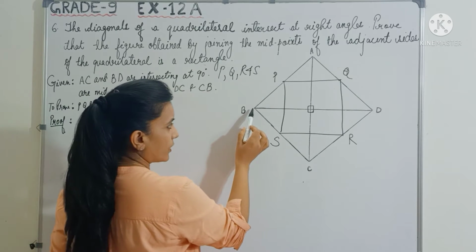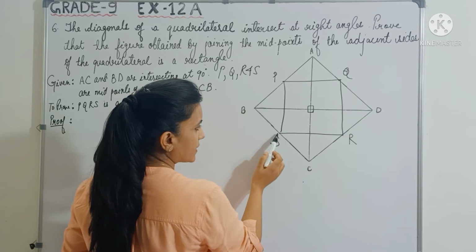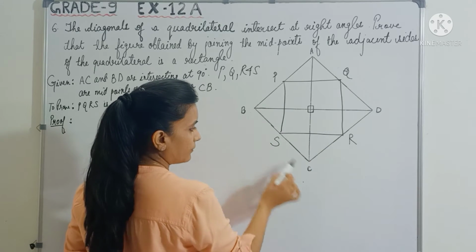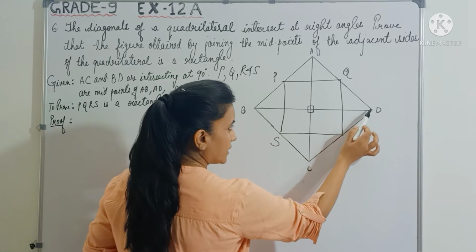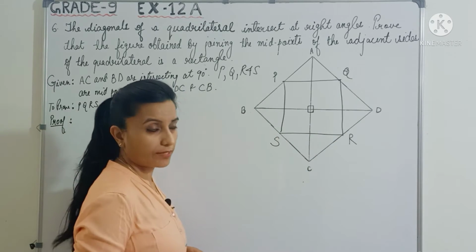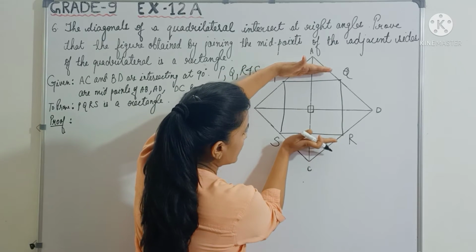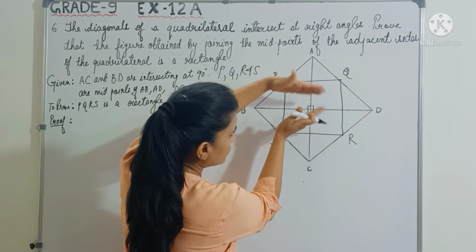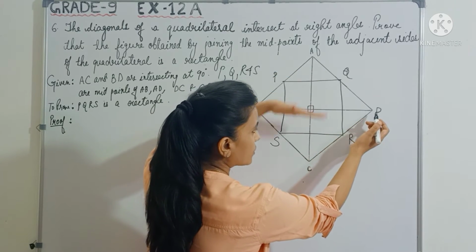Similarly, you can take triangle BCD. In this triangle also S and R are the midpoints of BC and CD. So SR will be parallel to BD and equal to half of BD. Now we have shown that PQ and SR both are parallel to the same line, which is BD. It means these two will be parallel to each other.